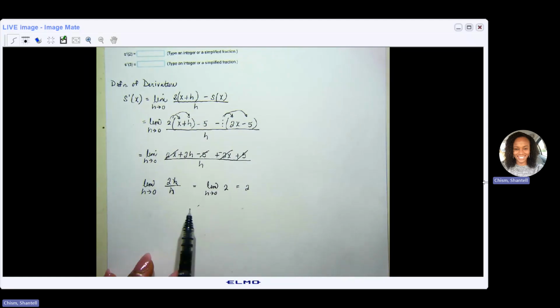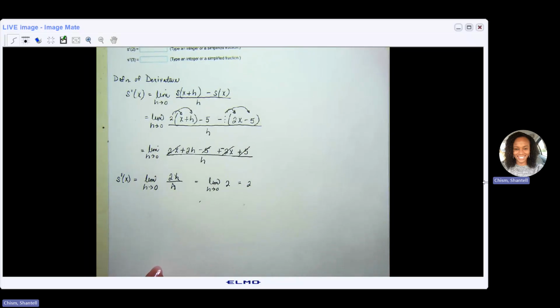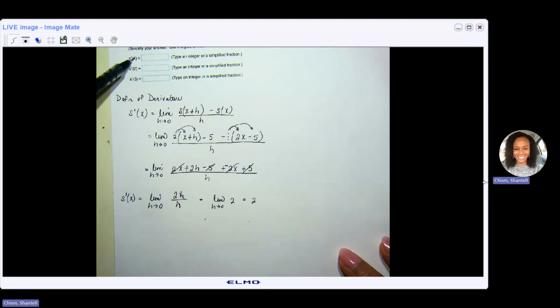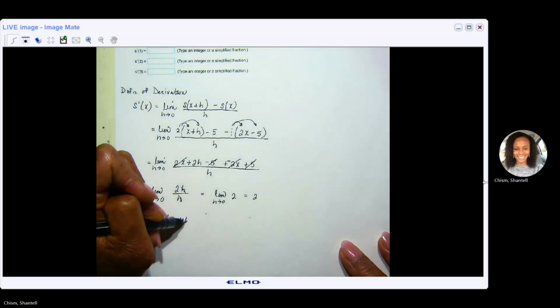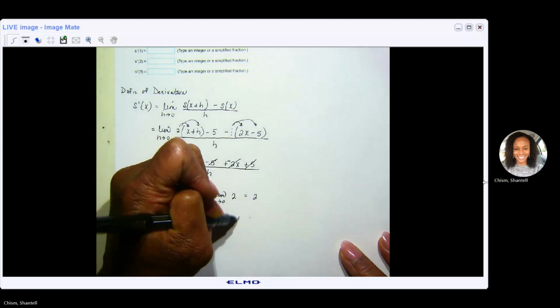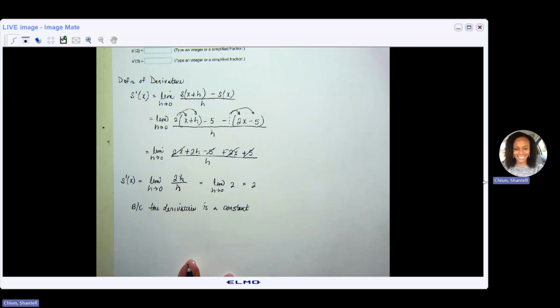And because this is the derivative, this is s prime of x, because the derivative is just a constant function, then that means every one of these answers here, where we evaluate the derivative at each of these values, is still just that constant. So let me put that. Because the derivative is a constant, remember constant just when it's just no variable, just a number.